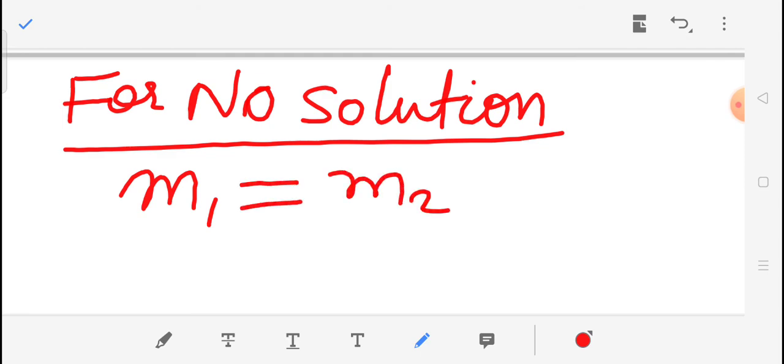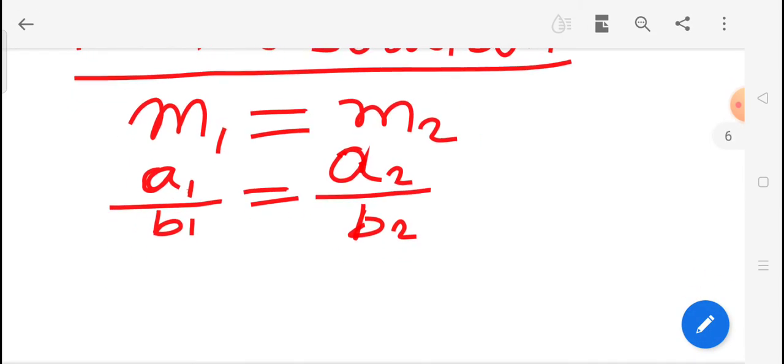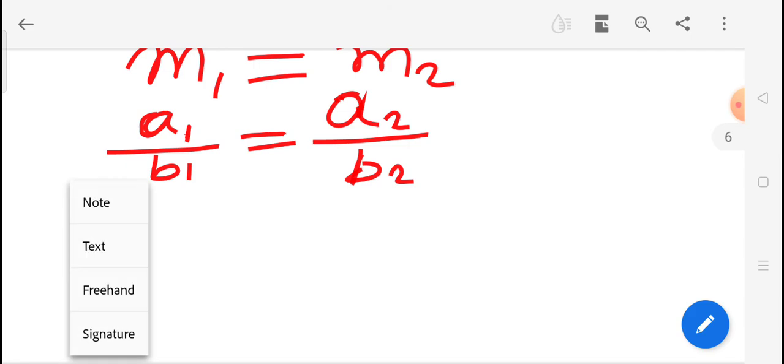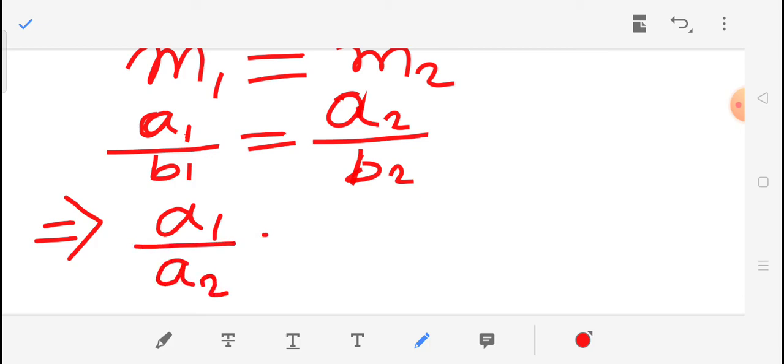It means a1 divided by b1 equals a2 divided by b2. Now we will again continue with this equation and we can convert it like a1 divided by a2 equals b1 divided by b2.